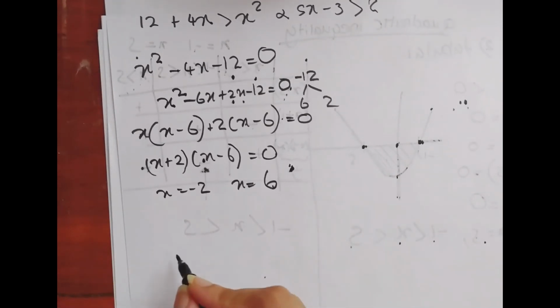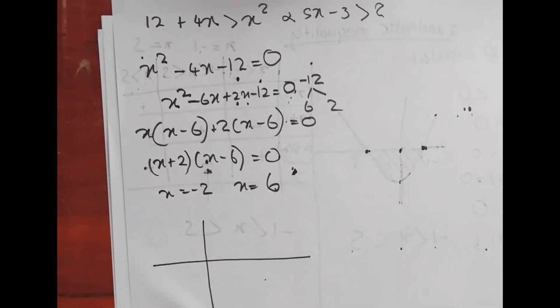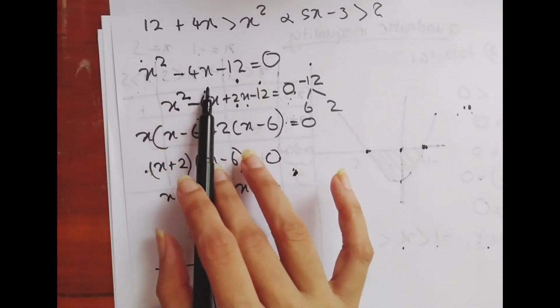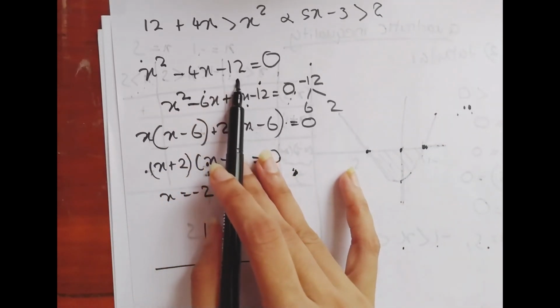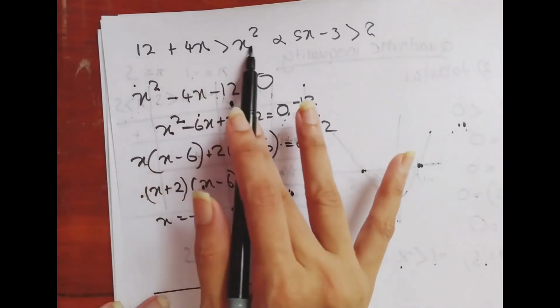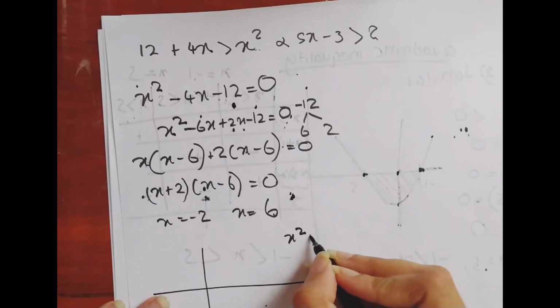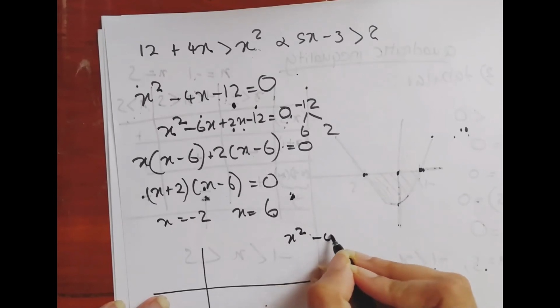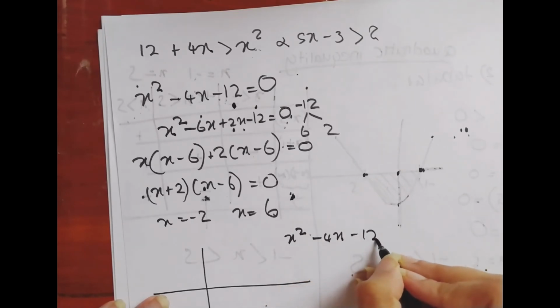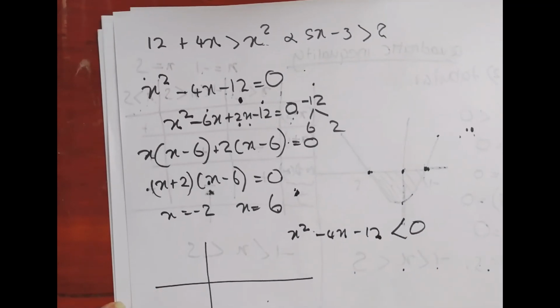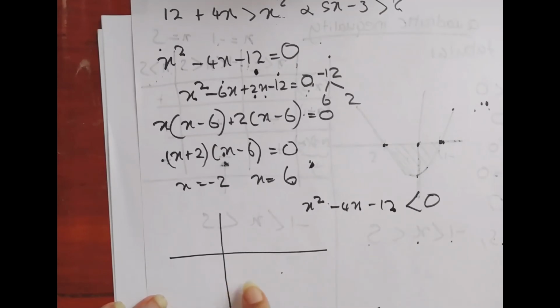So if I look at the graph here, now this is x squared minus 4x minus 12. Right? So if I write this one, this means x squared minus 4x minus 12 is less than 0. So you have to find when it is less than 0.